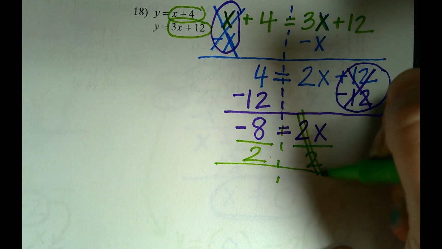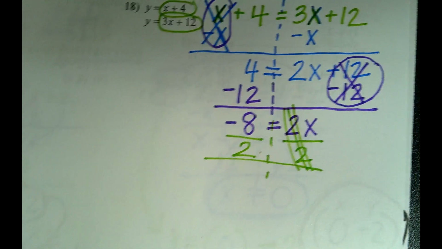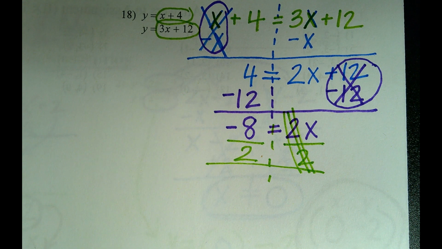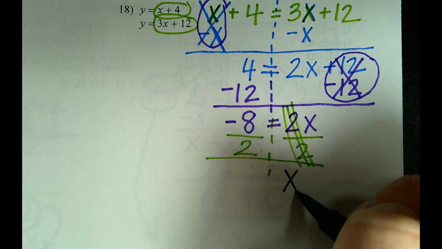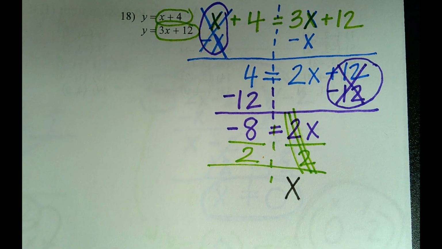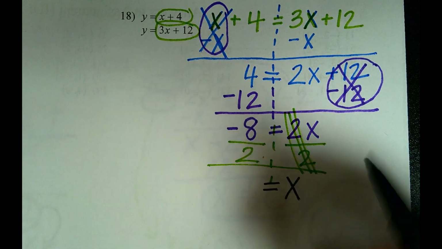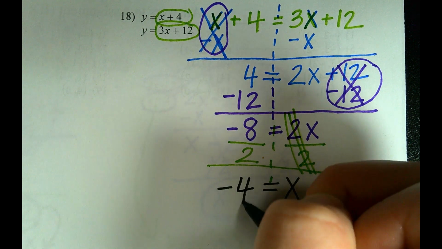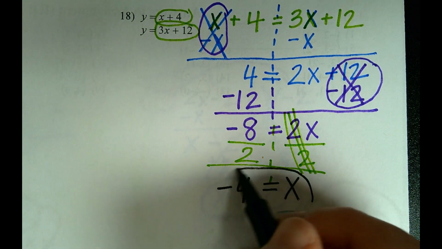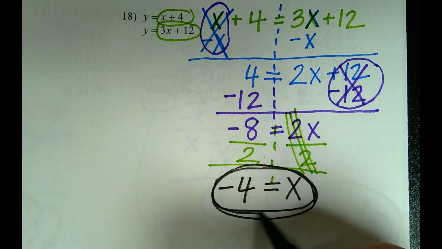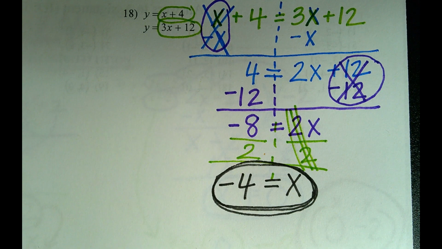My 2's will cancel out, and I'll be left with just x by itself now. Yes. Bring down my equal sign. Negative 8 divided by 2 is negative 4. So we've solved for x. We've got x equals negative 4. That is perfect.